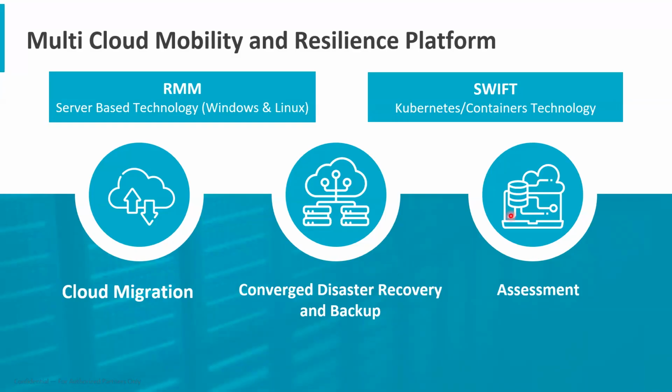So again, the use cases are assessment, any-to-any migration, disaster recovery, and backup. Now, with assessment, the software connects to the source server at the guest OS level. So RMM's technology is file system based. We don't do anything at the hypervisor, hardware, or storage level. Everything happens at the guest OS level.